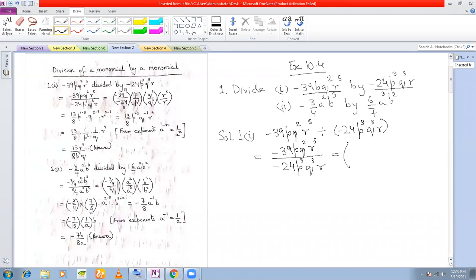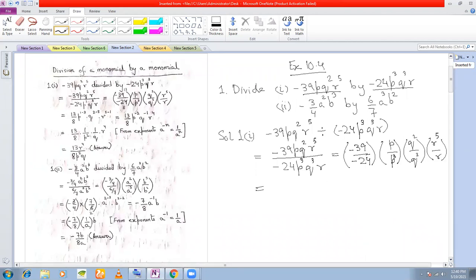Okay, now you take the numbers together, that is your coefficients together, minus 39 divided by minus 24, and you take the variables together. You have p as your variable, so p by p cube. You have q square by q cube, and you have r to the power of 5 by r. So now what happens?